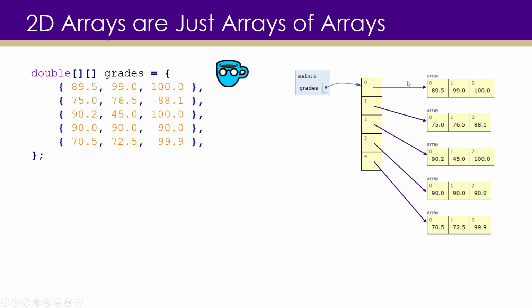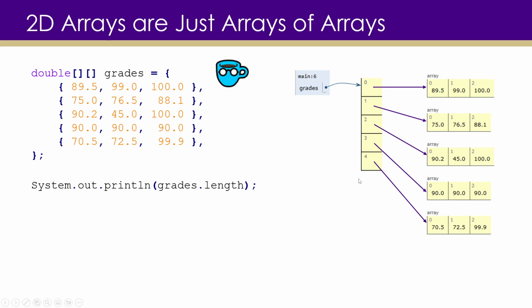Interesting. So you can see here we have 5 arrays. The values for the first row are in this first array, the second row are in this one, and so on. And this big old grades is just an array that's pointing to each one of those individual objects. So if we printed out grades.length, what is that referring to?